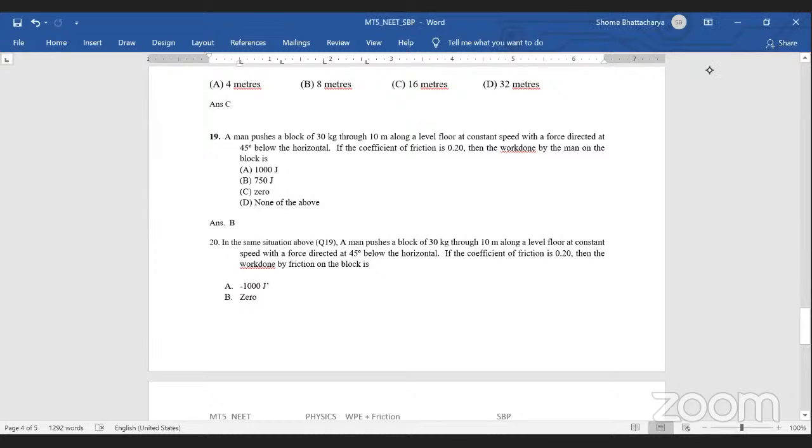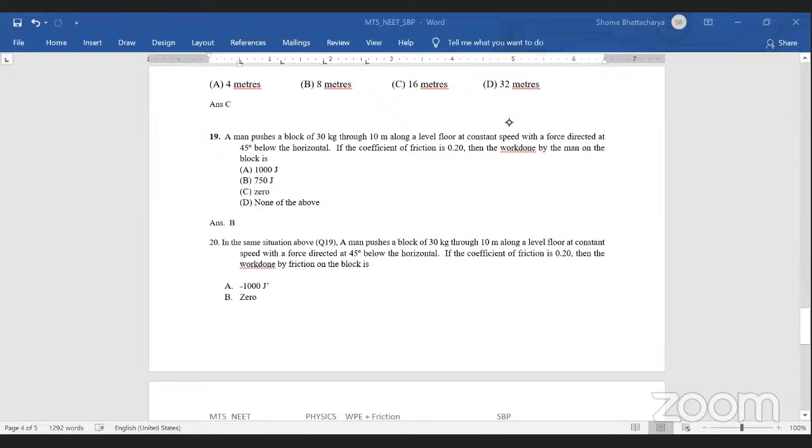Okay, so let's look at question number 20 next. A person pushes a 30 kg block through a displacement of 10 meters along a level floor, that means horizontal floor, at constant speed with a force directed at 45 degrees below horizontal. Coefficient of friction is given.